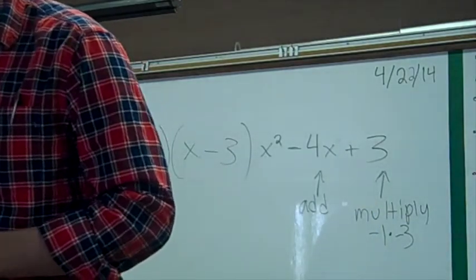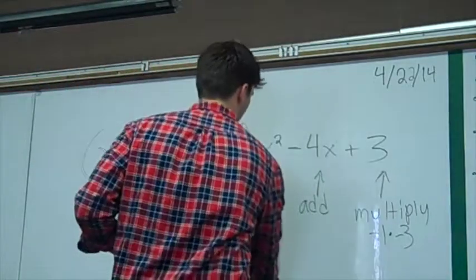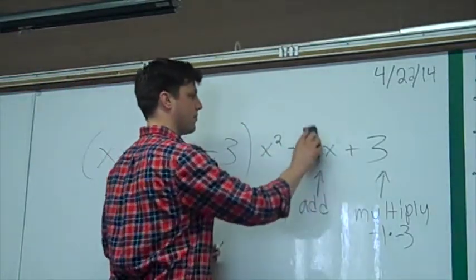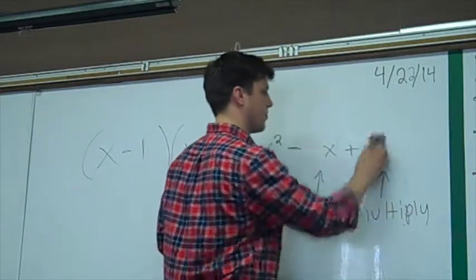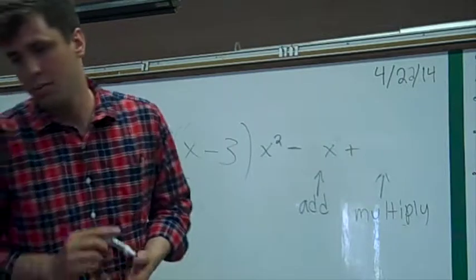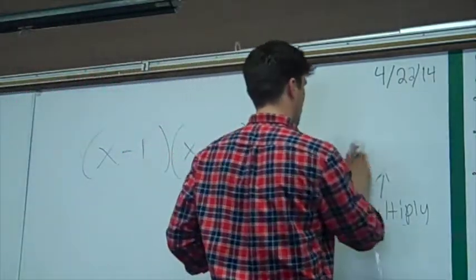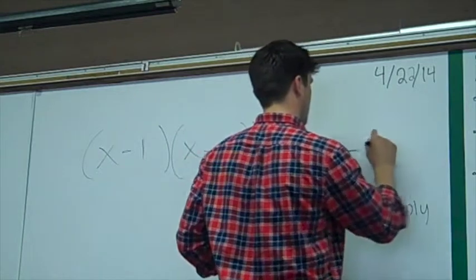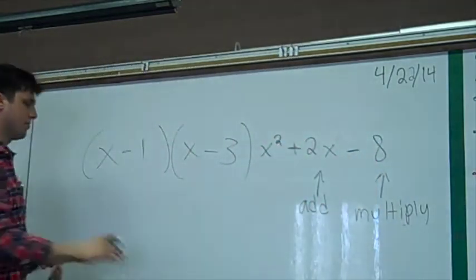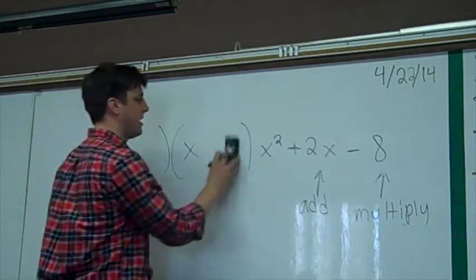Let's do letter E. Positive 2. What 2 numbers multiply to -8 and add to +2?